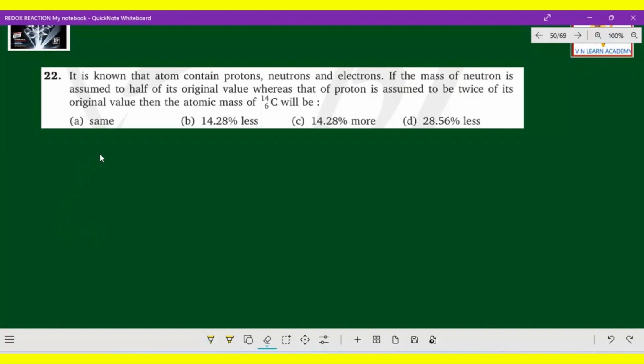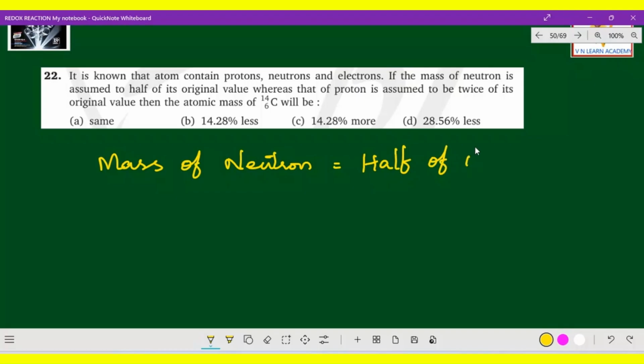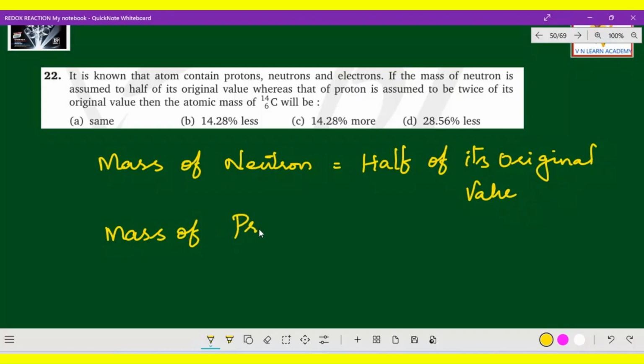Mass of neutron: half of its original value. Mass of proton: twice its original value.